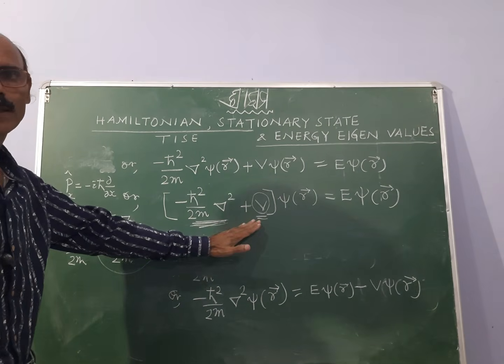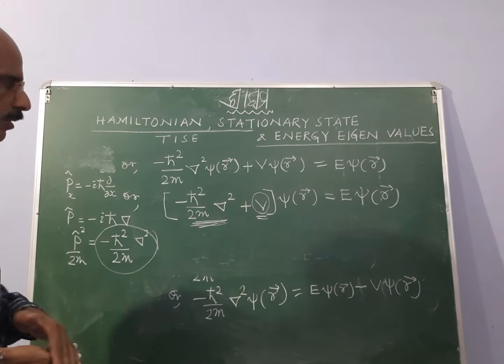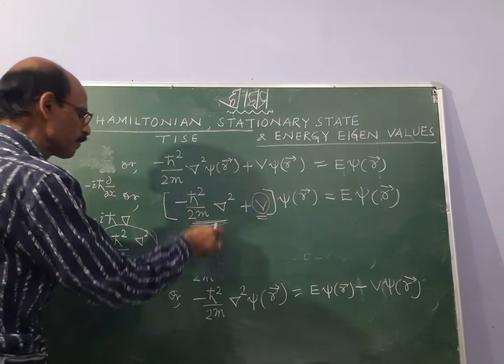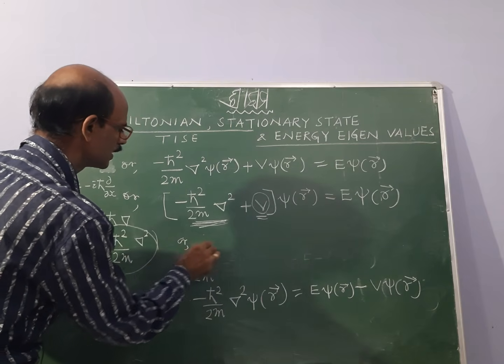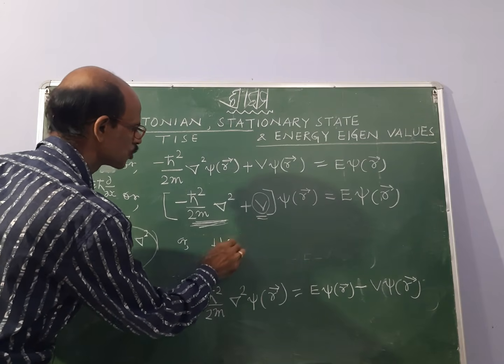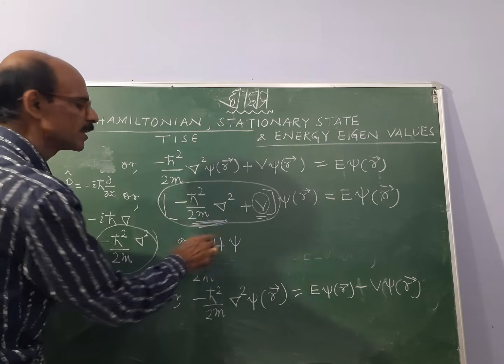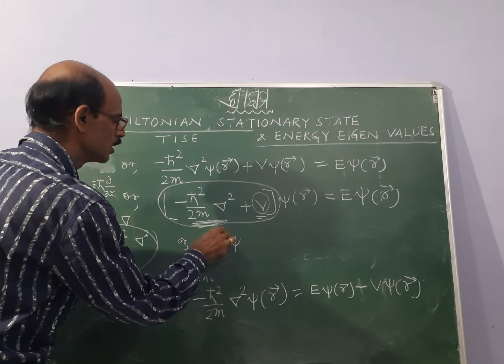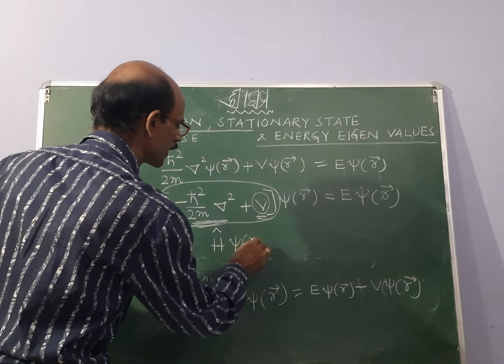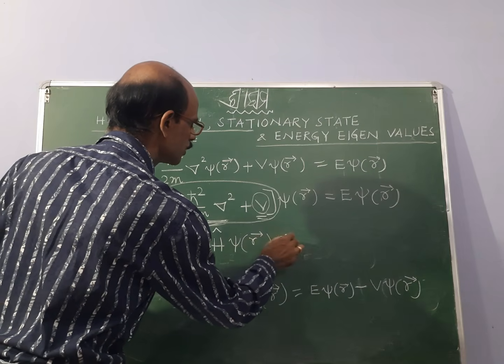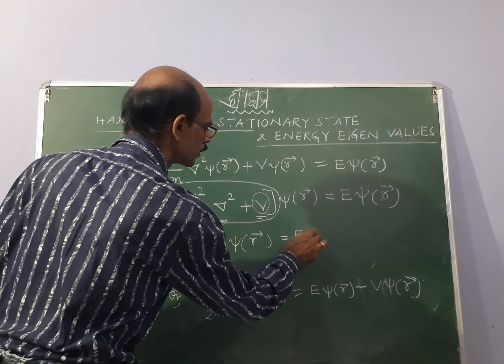So the sum will give us the total energy. This total bracketed term is represented by the letter H with a cap sign. H psi(r) is equal to E psi(r).